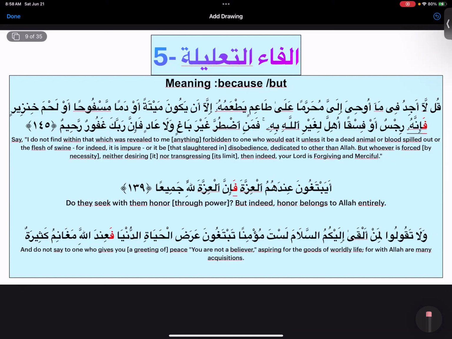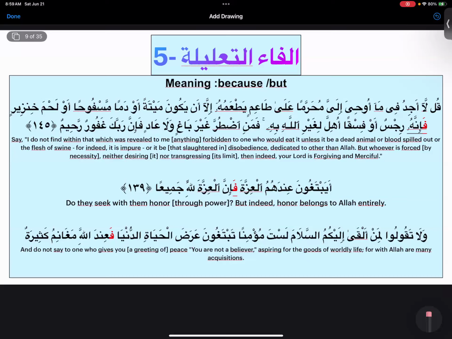We are going to read the sentence, and when we see that the sentence with the fa is giving a reason for what happened before, right? For example, over here we see, why are we forbidden from all that stuff? So we are getting a reason over here.